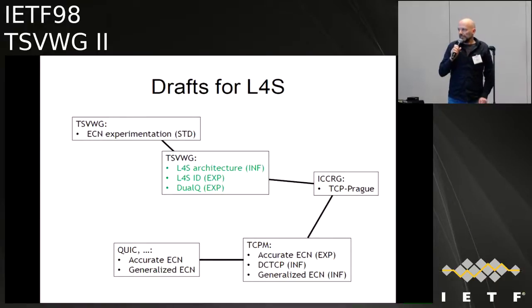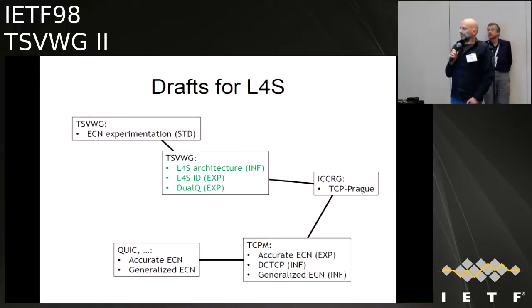And then there is also the generalized ECN informal draft that supports marking ECN-capable traffic on control packets. So they are also important, but more for the deployment on the TCP side. And there are other initiatives in other protocols, like for instance QUIC. Ingemar has filed a draft for QUIC to support accurate ECN. And probably also the generalized ECN mechanisms are needed in QUIC to be able to support L4S in QUIC.